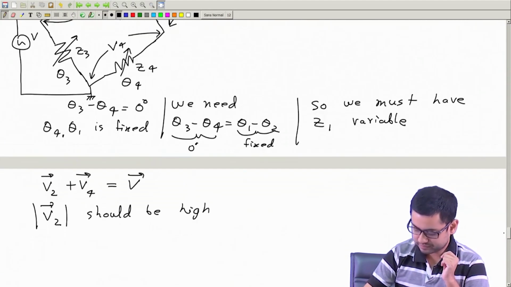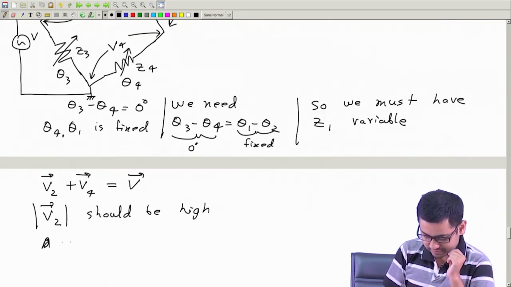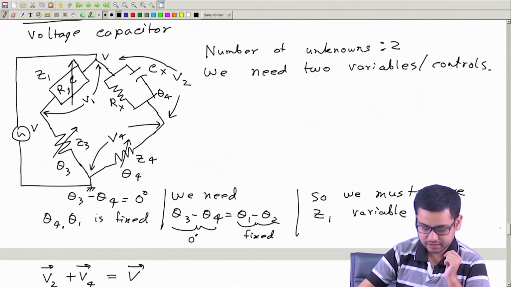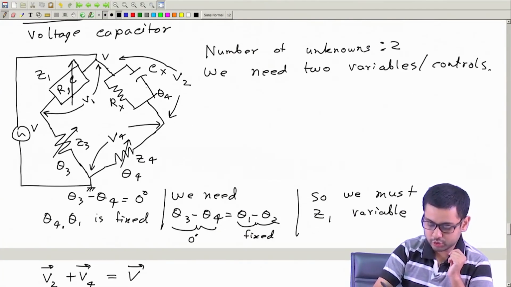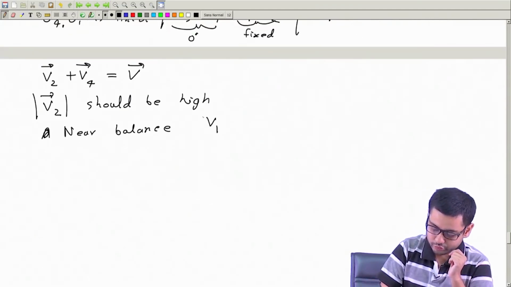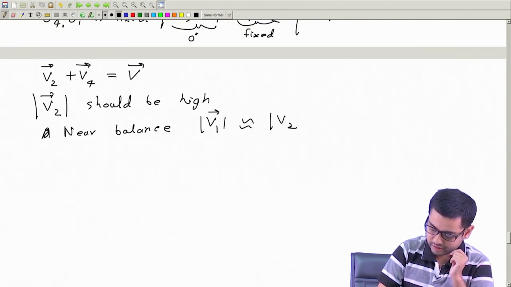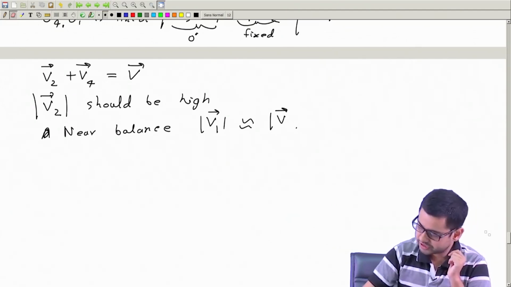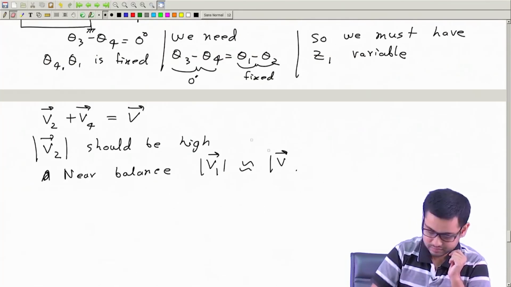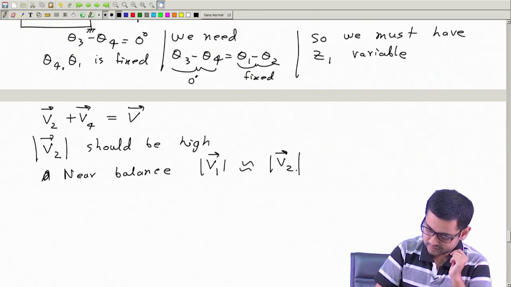At balance or near balance, the magnitude of V1 will be equal, or close, to this voltage, V2.